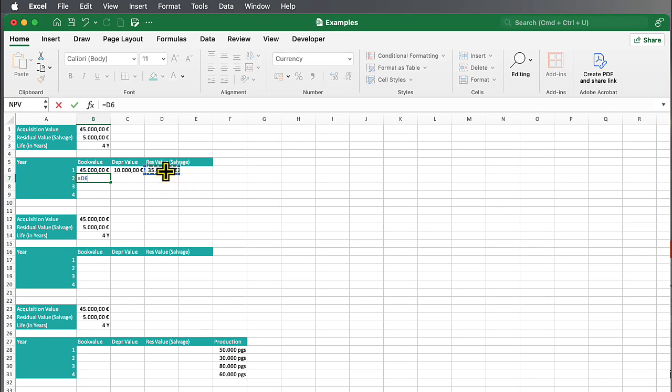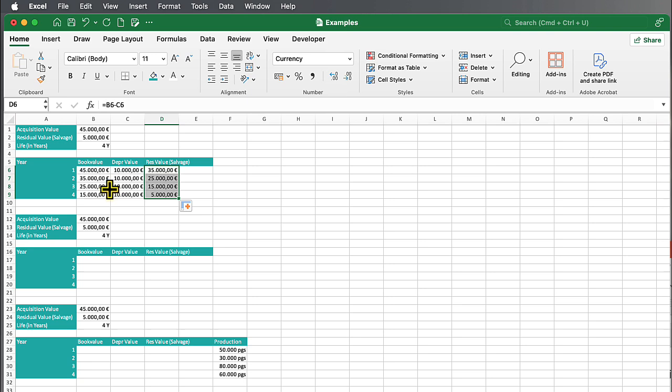So this one goes in here. Yeah, and we can now move all these things down. Oops, and move this one down. So what you can see is the book value goes down year by year, and finally we end up with this 5,000 euro. That's what we have started with.